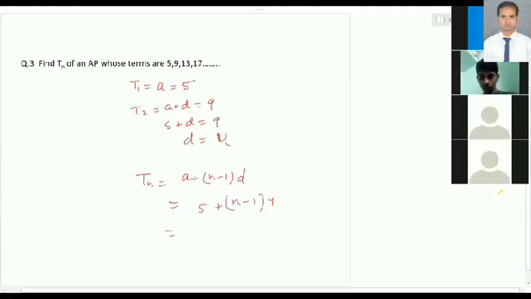Multiply this. If you get it, this is 5 plus 4n minus 4. Then you will get 4n plus 1. Is it okay? Tn value is 4n plus 1.